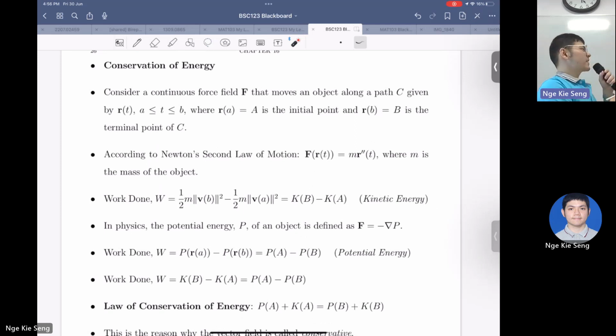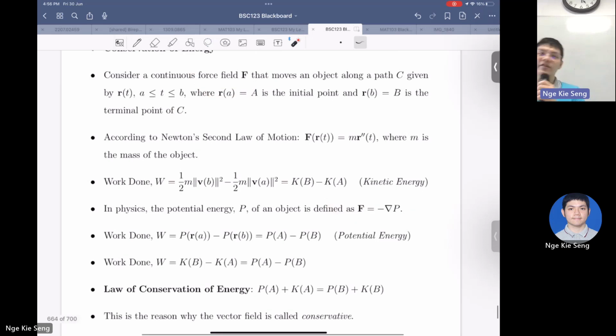Okay. So typically we have a vector field from potential energy. If you consider potential energy as a scalar field, we will have this potential energy. But this vector field will satisfy conservation of energy.